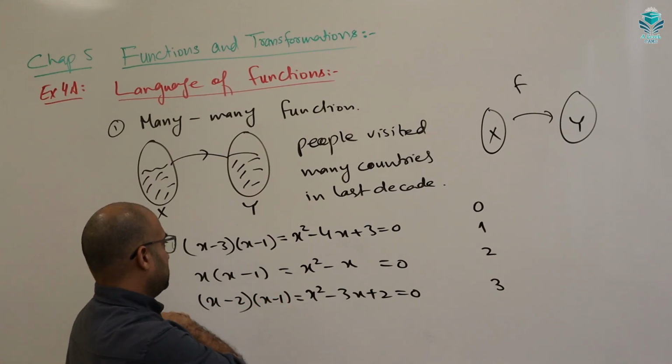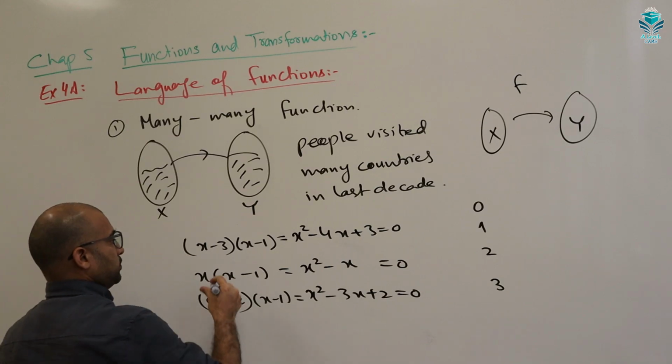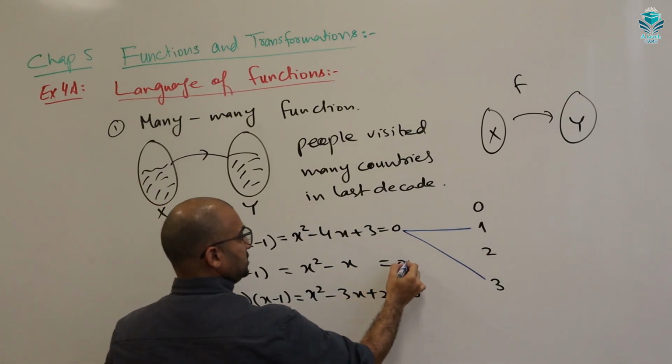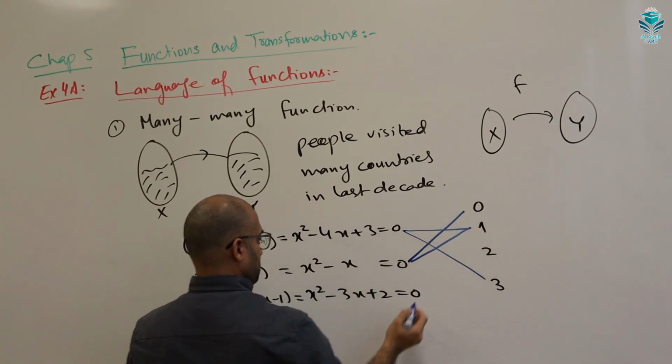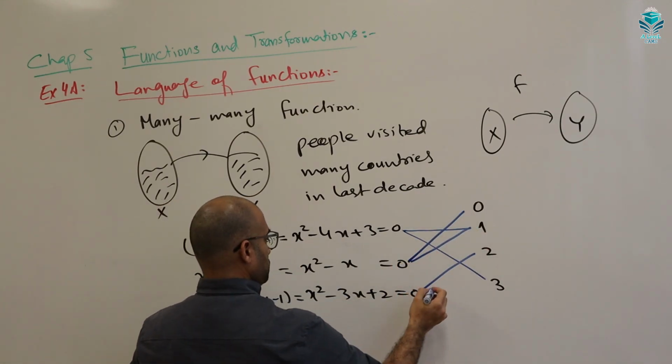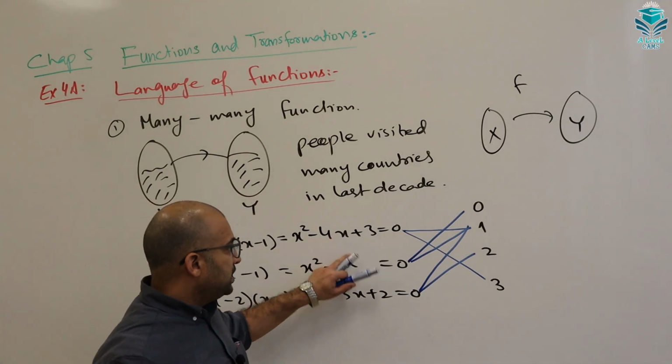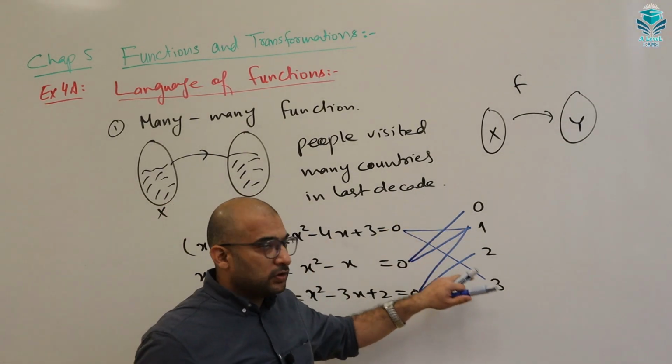You can see that there are different roots of the first equation, 3 and 1. This one is 0 and 1, and 2 and 1. So you can see that many map on the many, not only on the one.